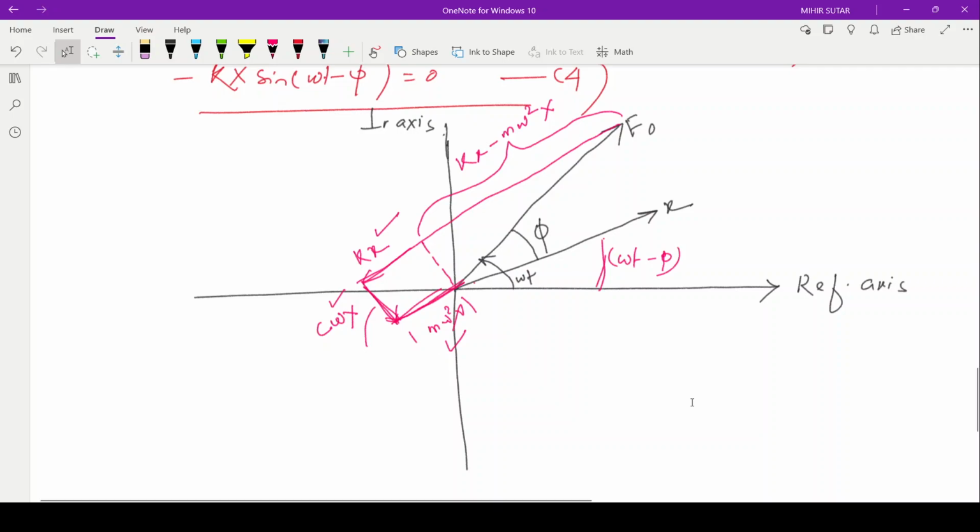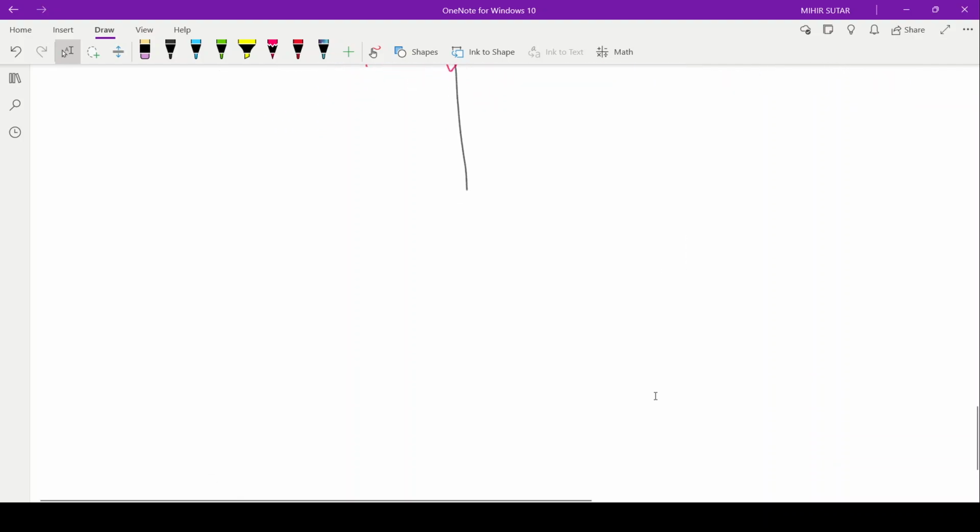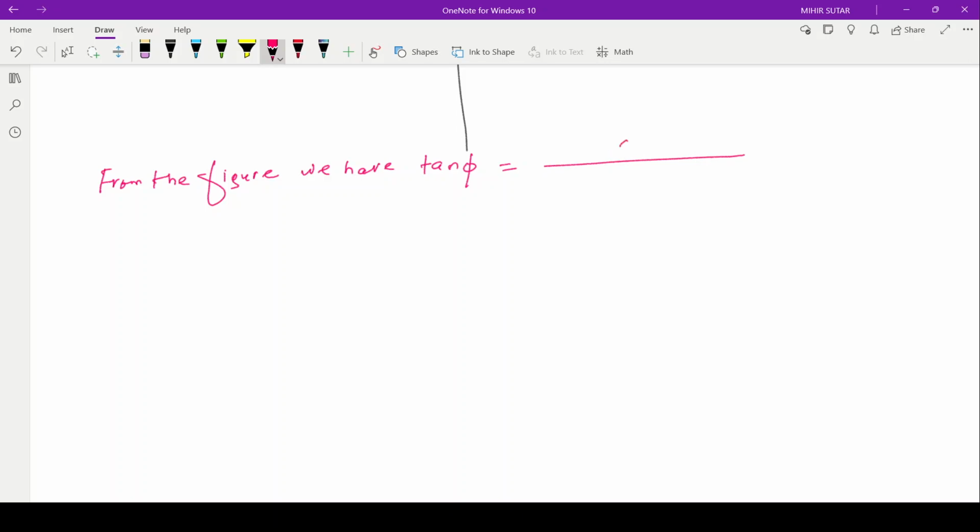Now we can write, from the figure, tan phi is equal to c omega x divided by kx minus m omega square x.